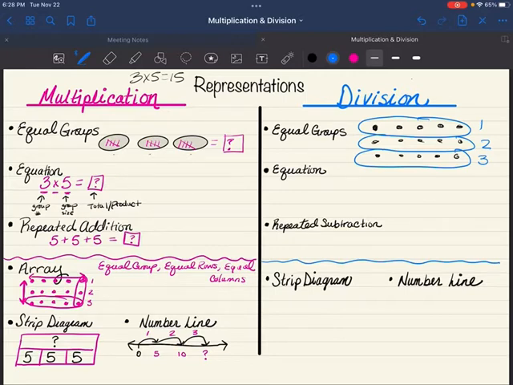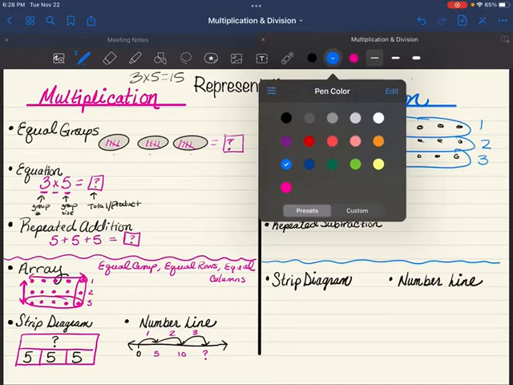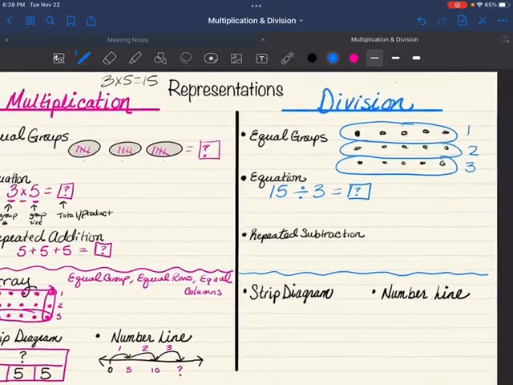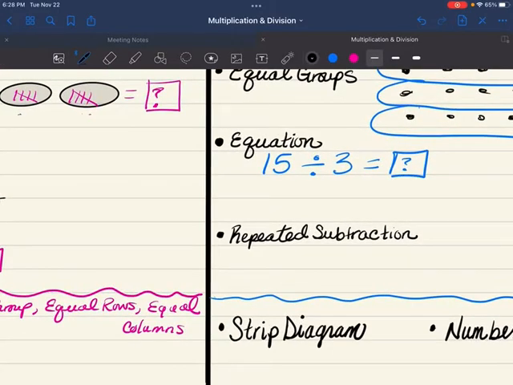Okay, for the equation, let's go ahead and write our equation. We have 15 divided by 3 is equal to question mark. So in this case, our 15 is going to represent the total.